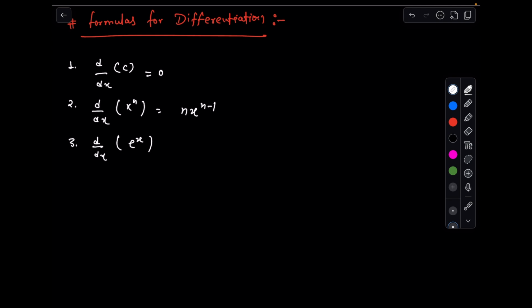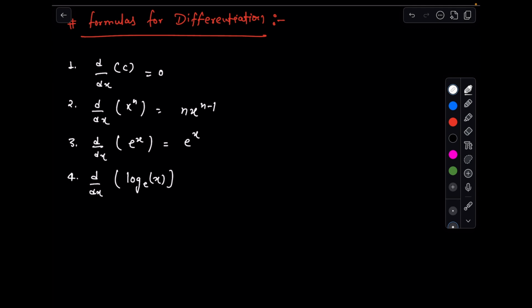Then d by dx of e to the power x. Now e is a value 2.71, something like that. The differentiation of e to the power x is going to be e to the power x. Then we have differentiation of log x. If you don't know anything about log, you can search out some videos, maybe I will also upload.